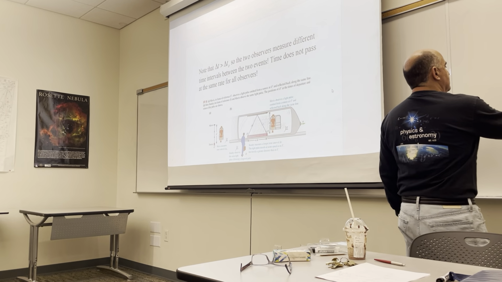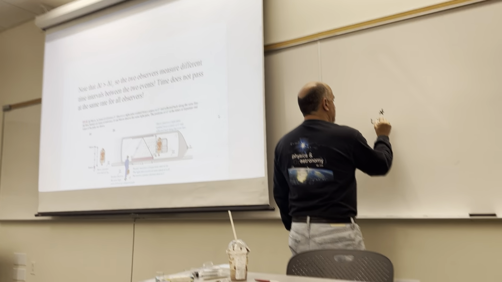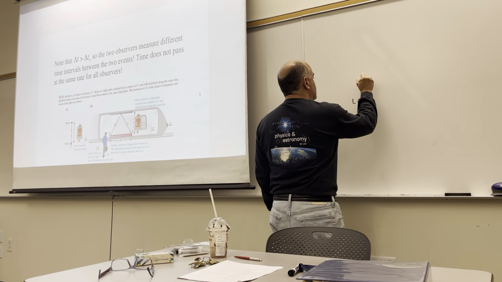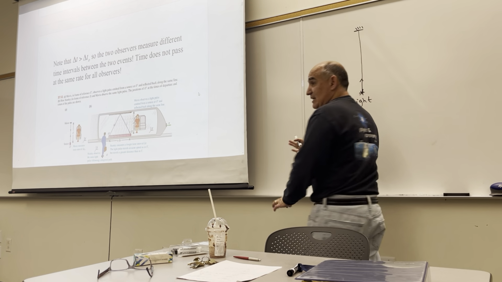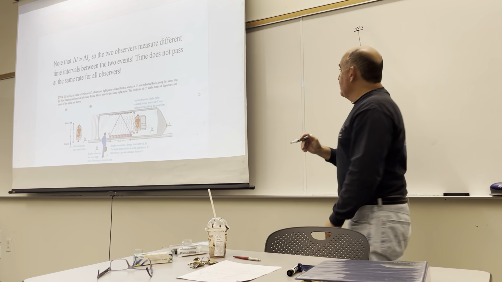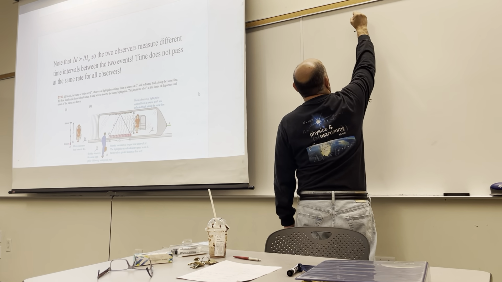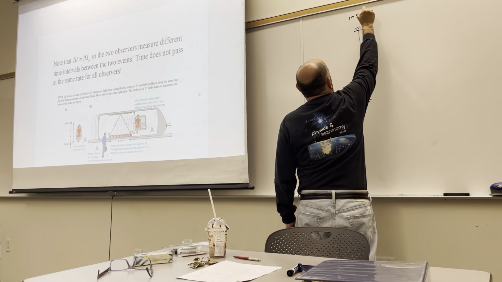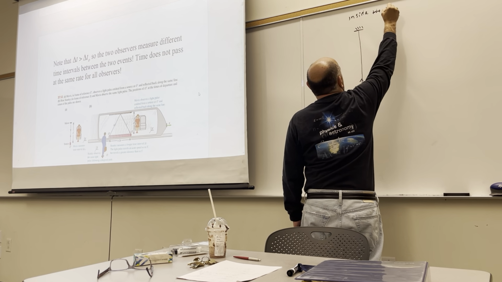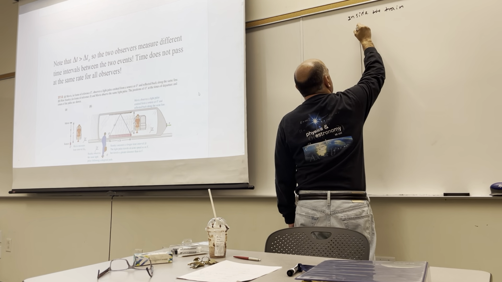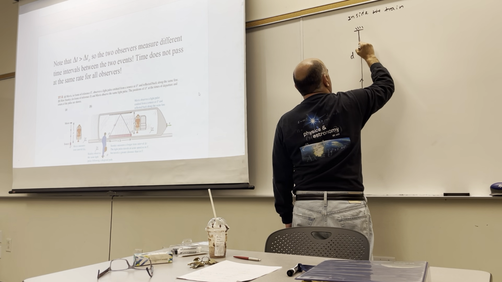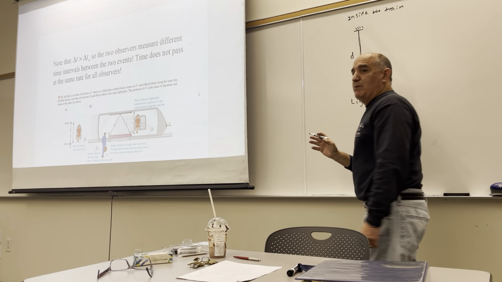The light starts over here, goes this way, and hits the mirror, in the frame of reference of the train. It hits the mirror a distance d away, and then it comes back to the same spot.